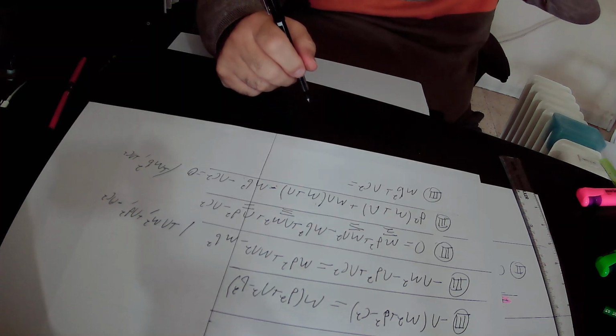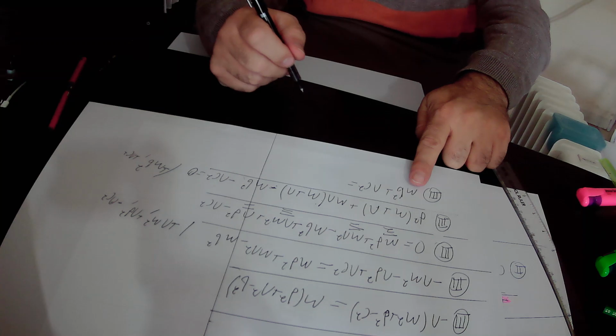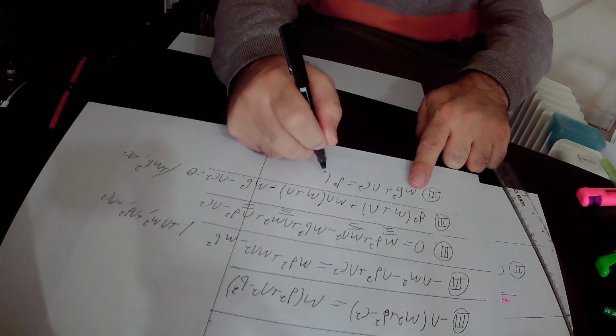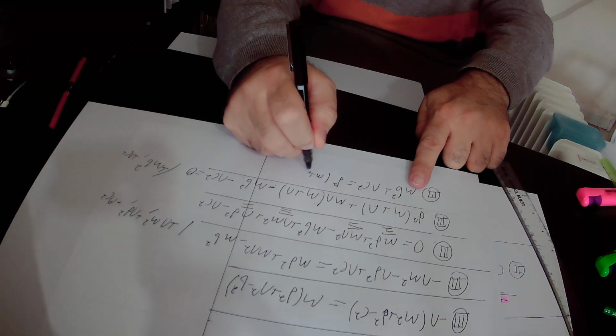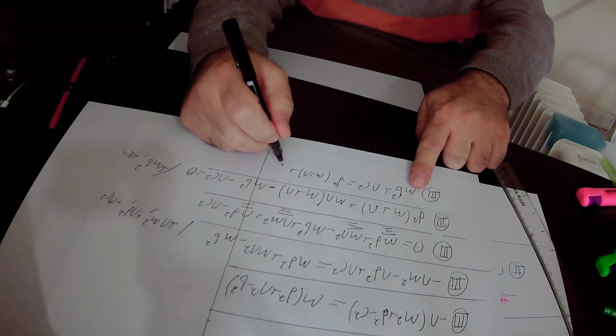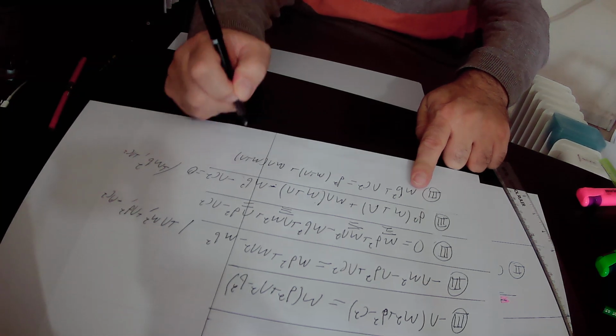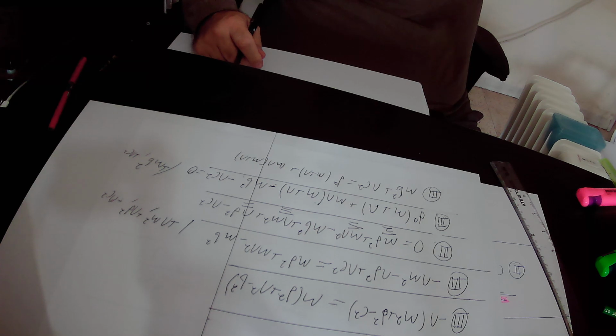And in this side of the equation we have d squared times m plus n plus mn times m plus n. Okay.